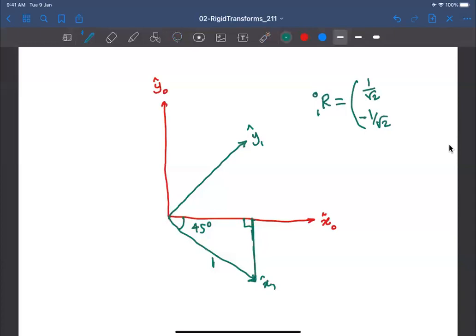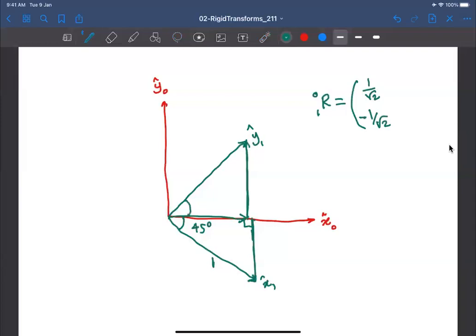Next, we find the y1 components. Okay, so y1, which is basically the second column, we need to project onto x0 and y0. So this is going to be the first component here, which is the y0 component, and this is the x component, okay?